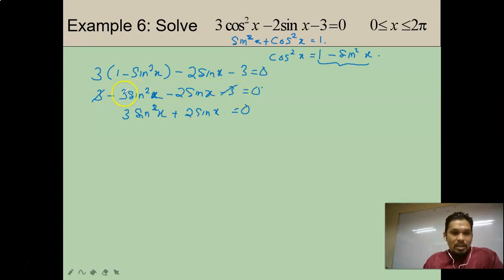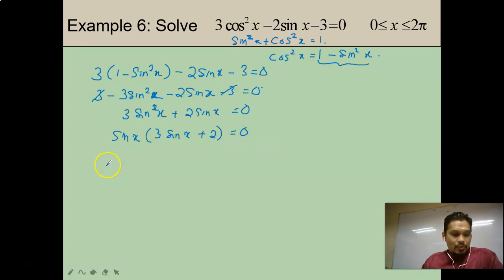Then what's left here is negative 3 sine square x minus 2 sine x. Multiply by negative 1 on the left and right, and everything becomes positive: 3 sine square x plus 2 sine x equals 0. From here, we factorize out sine x: sine x times 3 sine x plus 2 equals 0.